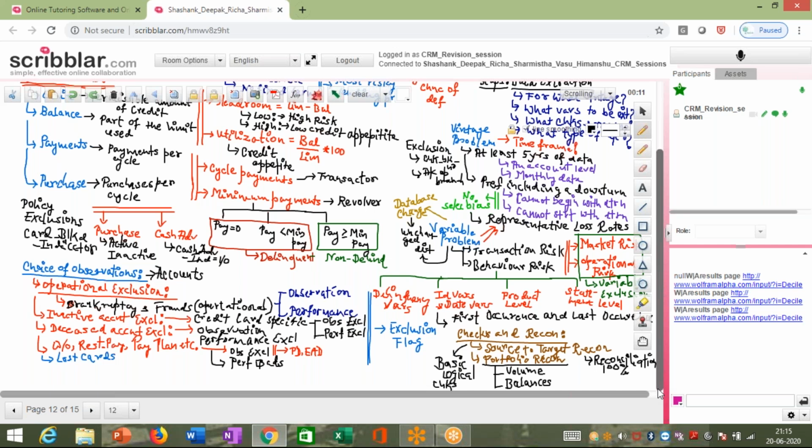The data quality check. Now, one of the most important concepts of the data quality check is to initiate the variable waterfall.